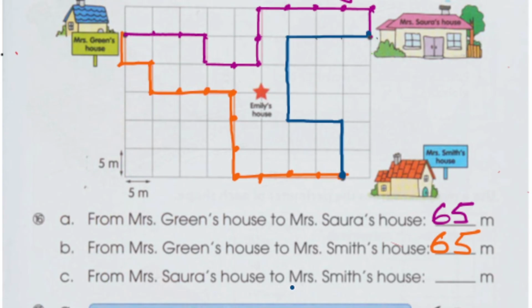So 5, 10, 15, 20, 25, 30, 35, 40, 45, 50. So this is 50 meter. So these are the distances asked by the question A, B, C.